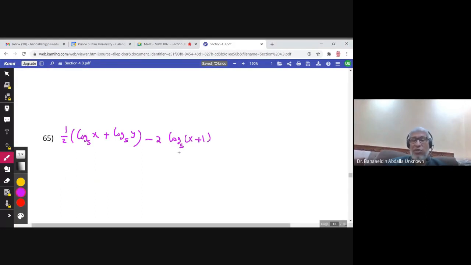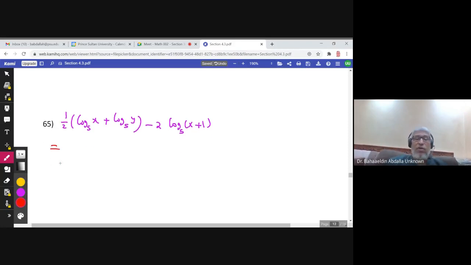Okay, what is the question? Write as a single logarithm. Good. What should we do first? Well, you pay attention, you look at the question carefully. Now, this half is multiplied by these two.